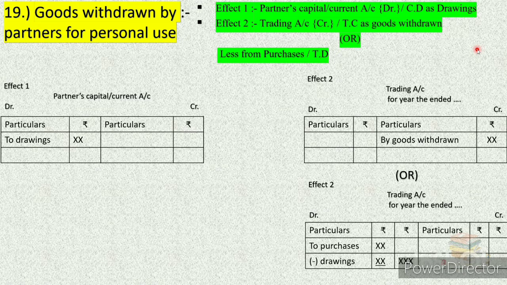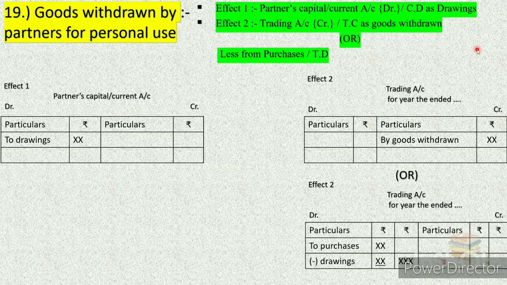This is when a partner withdraws goods from the business firm for his personal use. So its first effect is in partner's capital or current account. Here the partner's capital or current account is compulsory to be made. So in that account we write on the debit side as drawings, because he's drawing the goods.